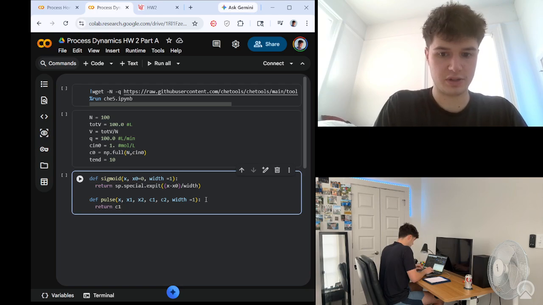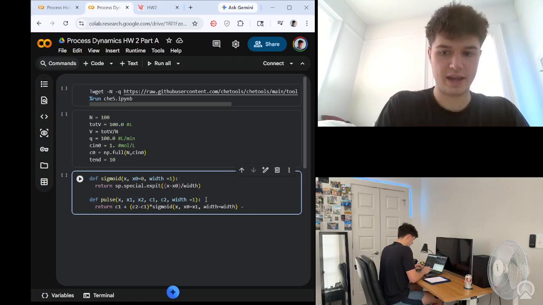You're going to take your first concentration and add to it C2 minus C1. And now this is where you bring in what you just typed above. You're going to multiply that by our sigmoid function, with x naught equals x1 now, and then we're going to set the width equal to the width.